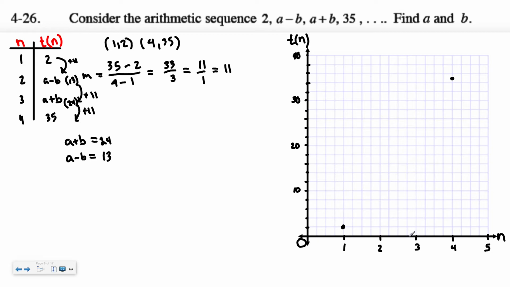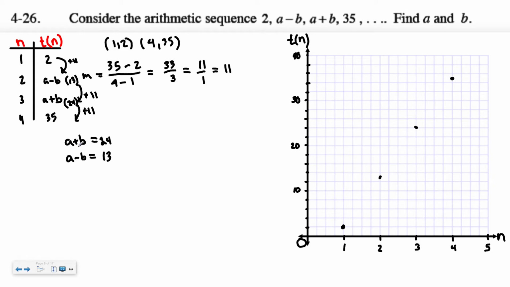If we look at our second term in our sequence, it should equal 13, well, there's 10, there's 12, there's 13. That seems to be in line. And my third term is 24. If I go up to my third term, 20, 22, 24, that seems to make sense. That would be a constant growth there.